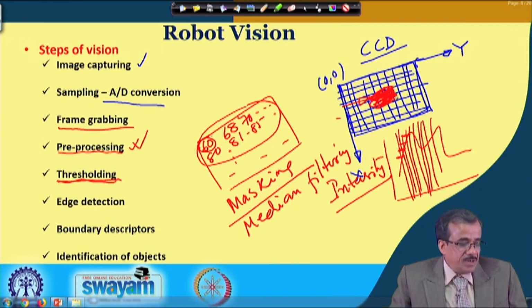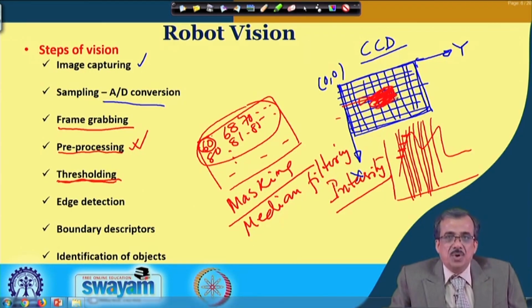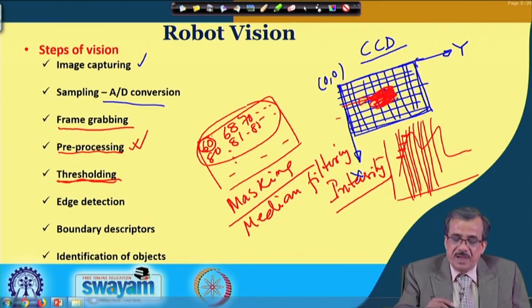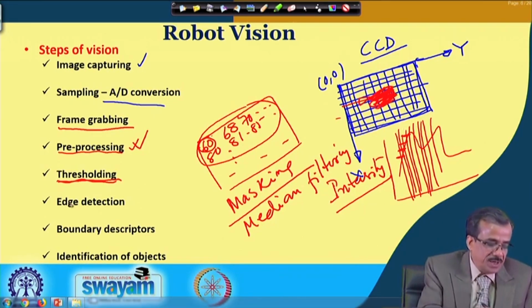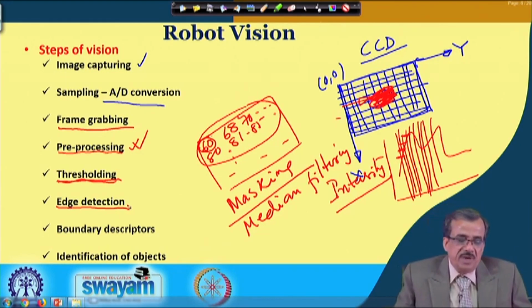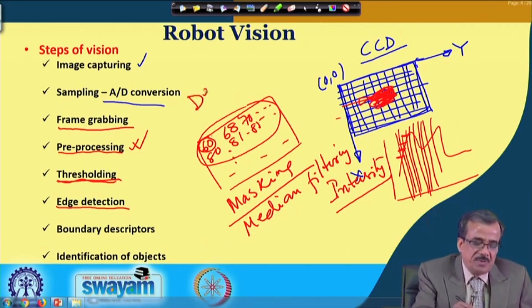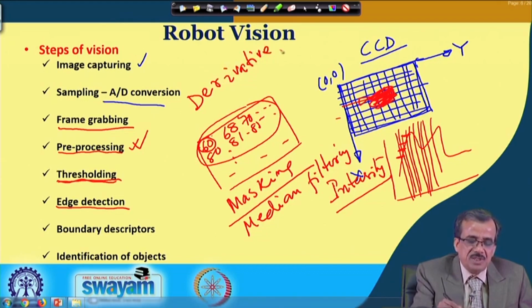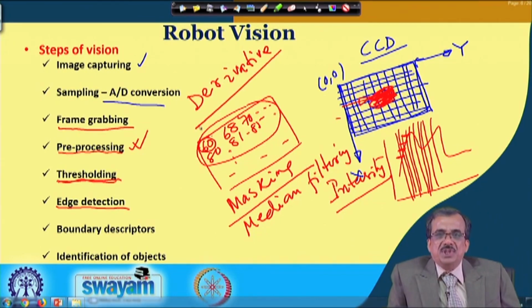Now, once you have got approximately those objects lying on the background, we can go for some sort of edge detection. In edge detection we take the help of some derivative operator. We use the derivative operator just to find the rate of change, because by derivative we mean rate of change.